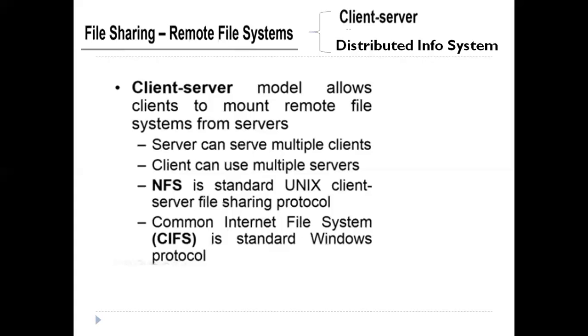So when you're doing a remote access, the file system could be NFS if it's Unix, or it could be CIFS, the Common Internet File System, if it is a Windows operating system. Clear? So when you are doing remote file system access by a client server model, based on the type of operating system, NFS or CIFS is used.